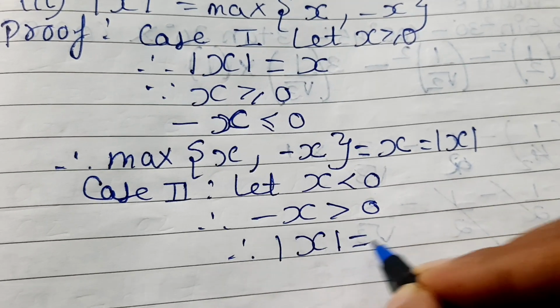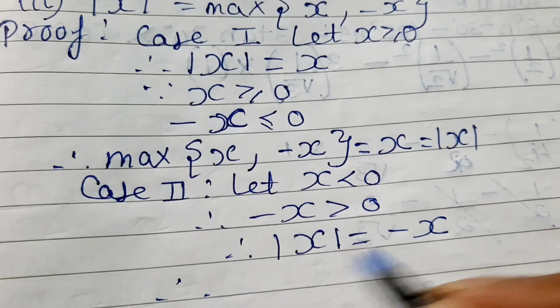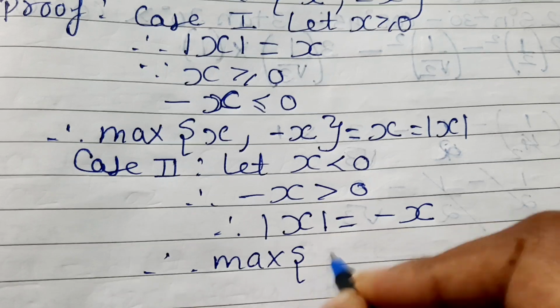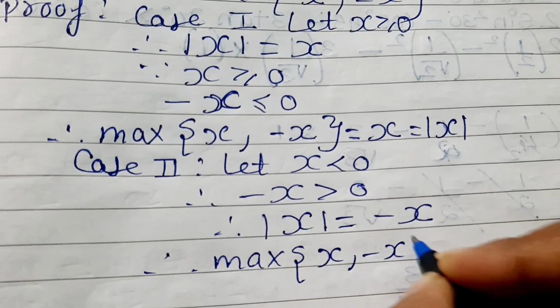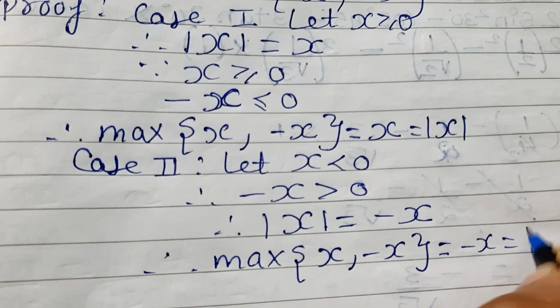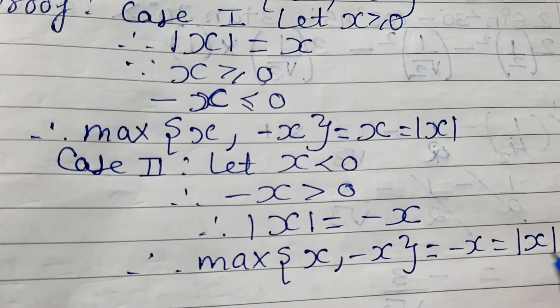It will be minus x. Therefore, the maximum of x comma minus x is equal to minus x, which is nothing but modulus of x.